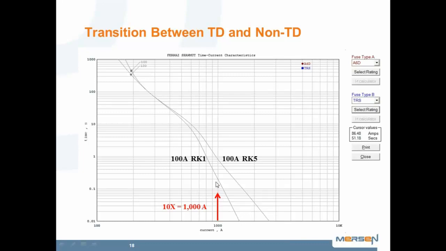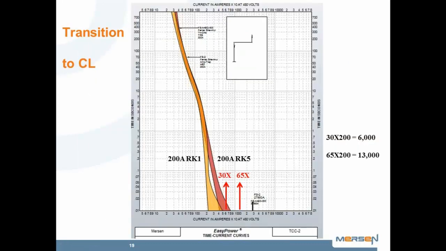Actually, at the 1,000 amps, we can see some substantial differences, 0.2 seconds versus maybe 0.8 seconds. So it diverges there. But the important concept is this is where the time delay is critical for the loads, and after 10 times it's not critical. There's no intentional time delay. So now we have the transition to current limitation.